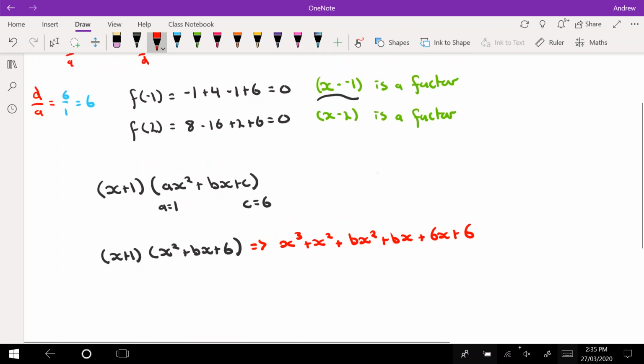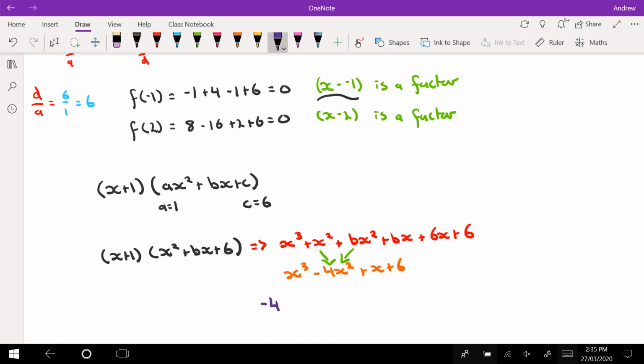Now, we know that this all has to equal x cubed take 4x squared plus x plus 6. So our x squared and our bx squared have to add to give -4x squared, and that is how we can find the value of b. We can also relate x's, but I always just like doing the x squared. Don't ask me why, but I just do.